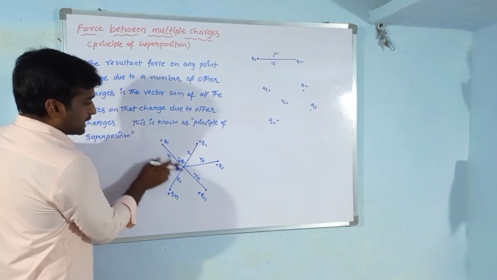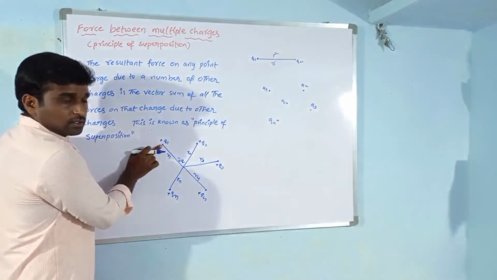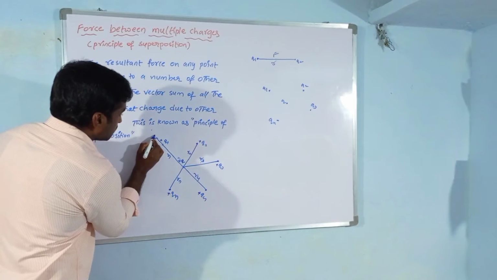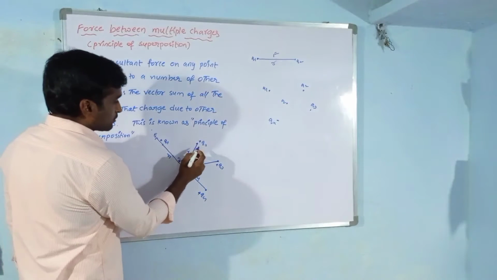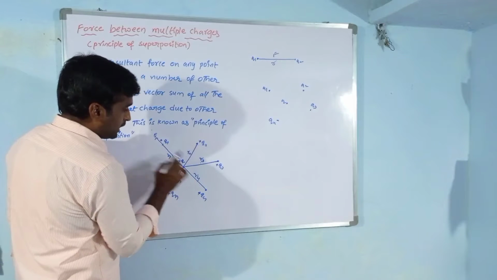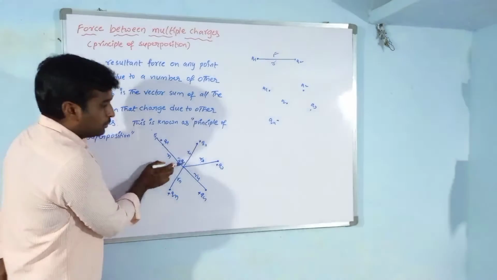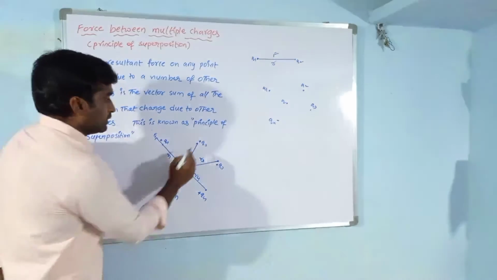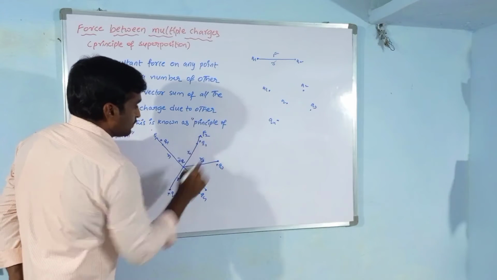The force acting on charged particle Q due to charged particle Q1 is F1, which acts in this direction. Next, the force acting on charged particle Q due to Q2 is repulsive, acting in this direction, that is F2.